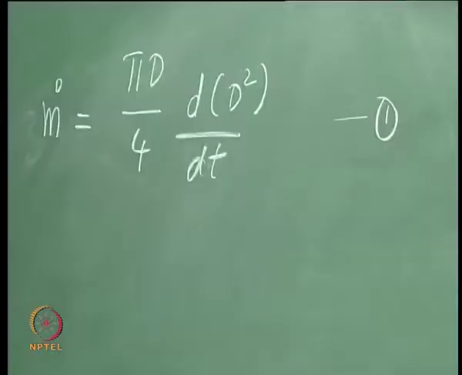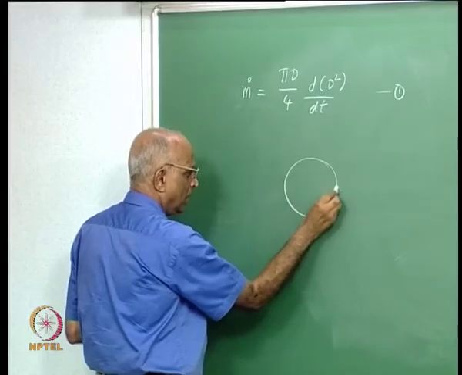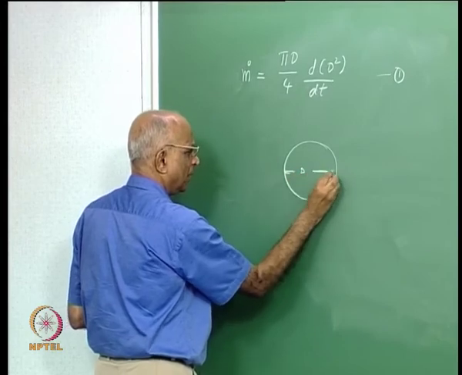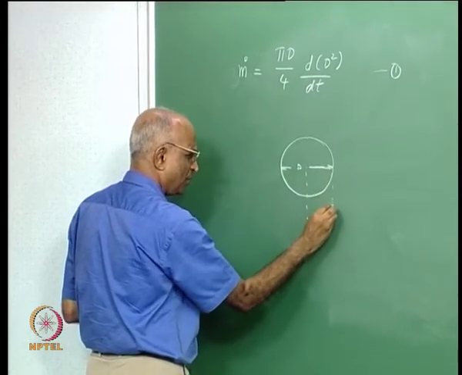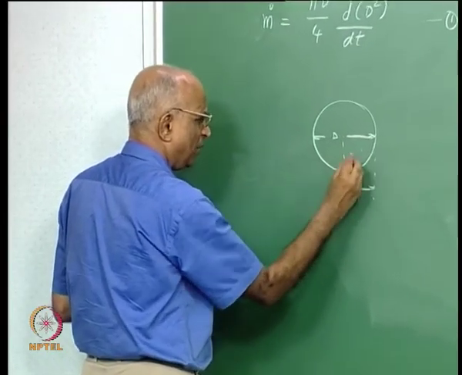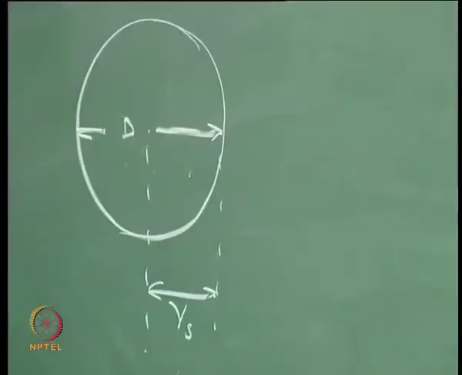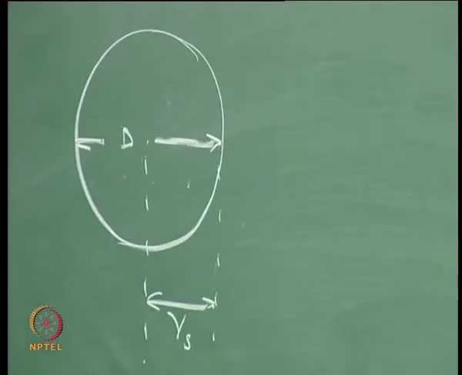Therefore, let us picture in our mind, I have a droplet, let us say of diameter d, a fuel droplet of diameter d. Let us say that the radius of the droplet, r_s, is the value at the surface. And how does a droplet evaporate? Why should it evaporate in the first place?